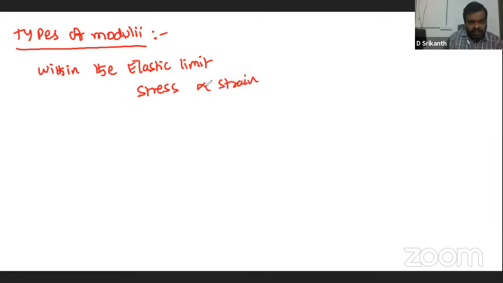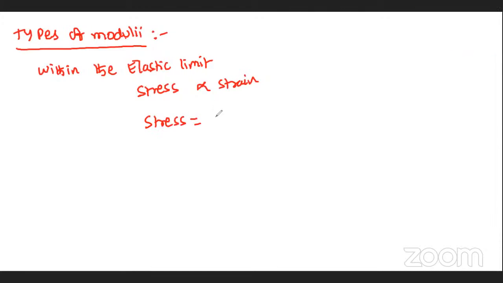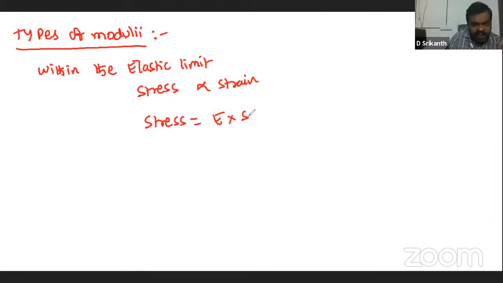By removing this proportionality we keep a constant, which is called the modulus of elasticity. Stress equals modulus of elasticity E times strain. So modulus of elasticity I can write as stress by strain.